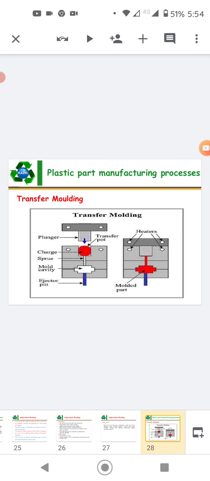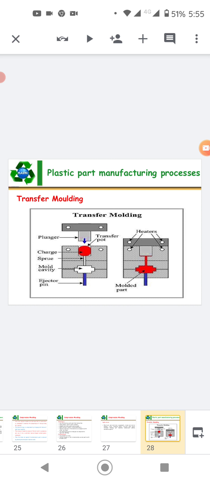Next one is transfer molding. This is a figure of transfer molding. It consists of plunger, transfer pot, charge, sprue, mold cavity, and ejector pin. The transfer pot is used to bring the material to the required position at the mold cavity.